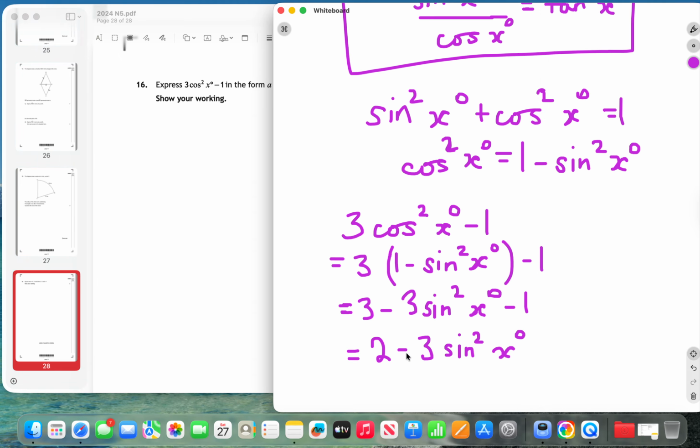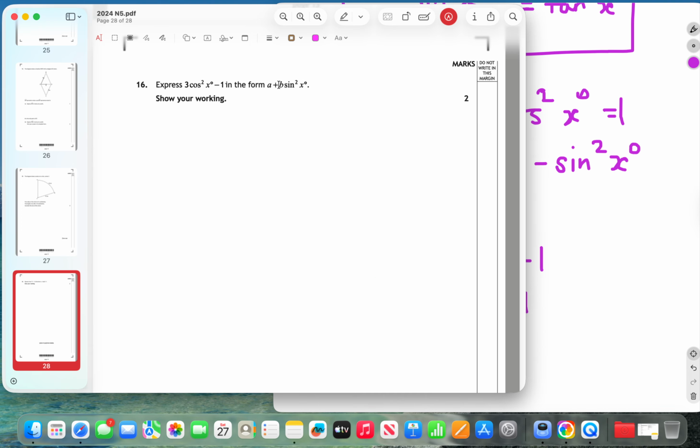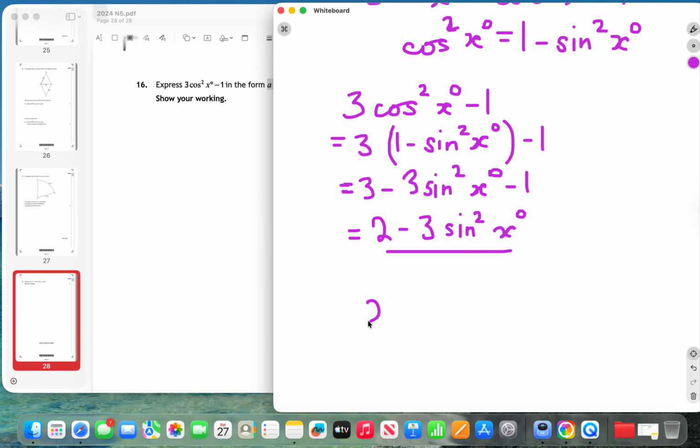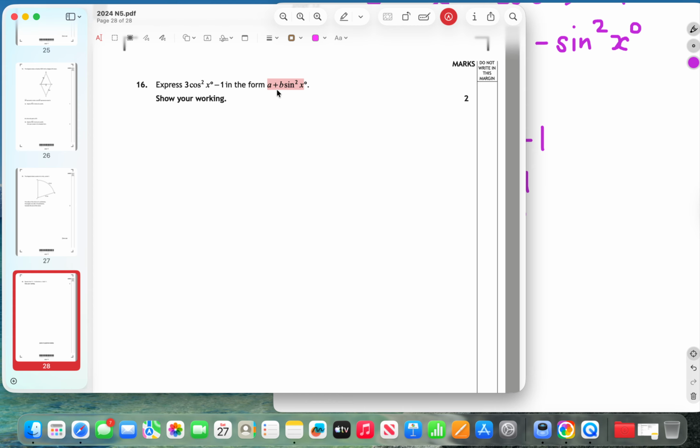I know it's a negative we have in this one and a positive in this one, but 2 minus 3 sine squared x simply means 2 plus minus 3 sine squared x, if you make a is 2 and b is minus 3.